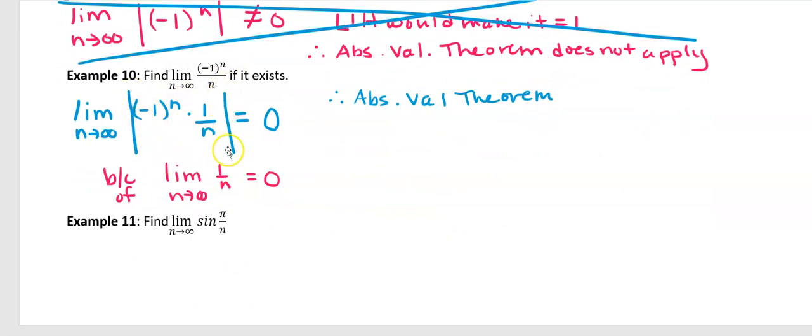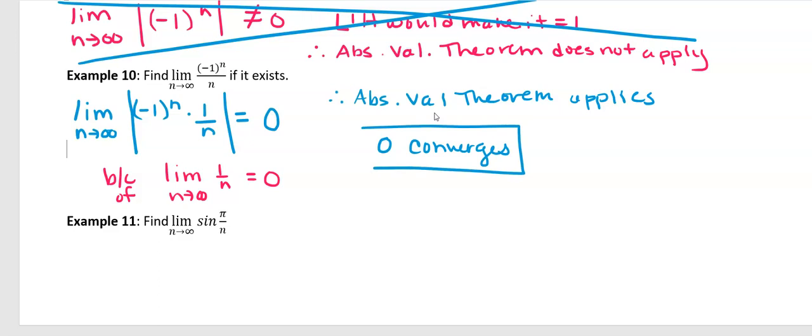And because of this 1 over n piece approaching 0, and 0 multiplying either a -1 or a +1 would force this all to go to 0, then that absolute value theorem would apply. And so I can say that as a whole, the limit would converge, and the answer would be 0, right? So it approaches 0, and it would converge.